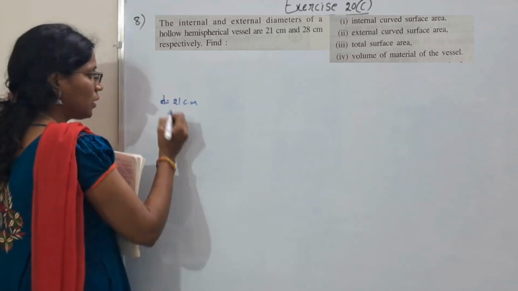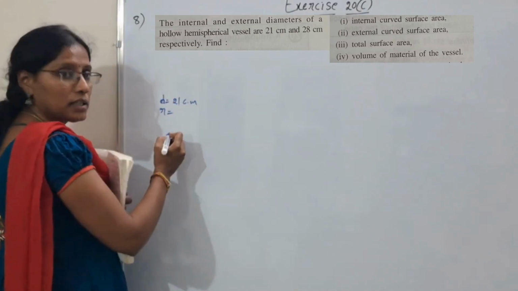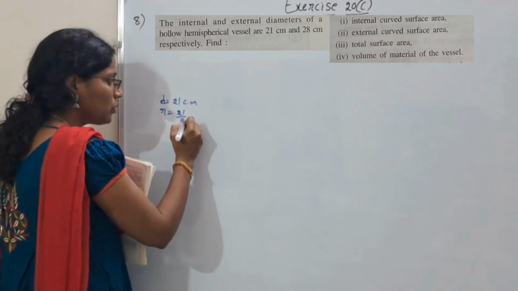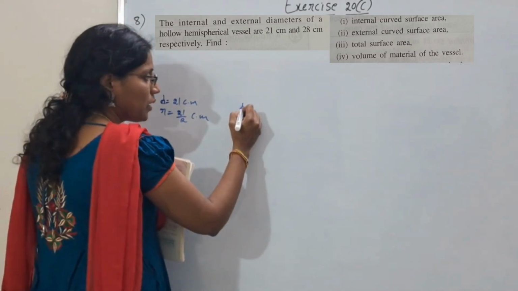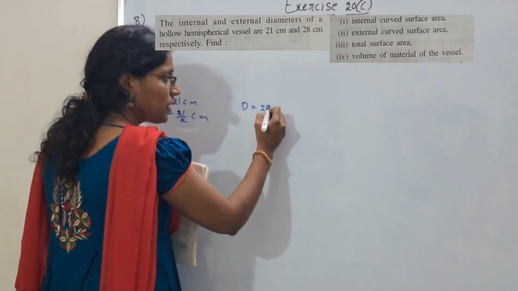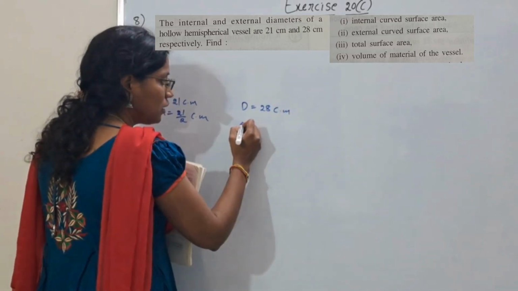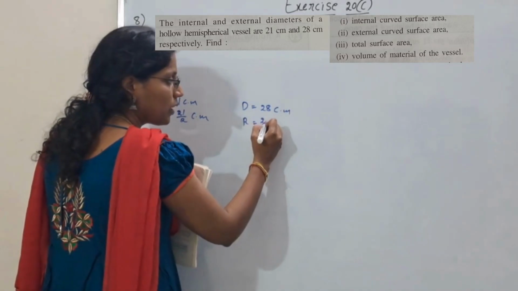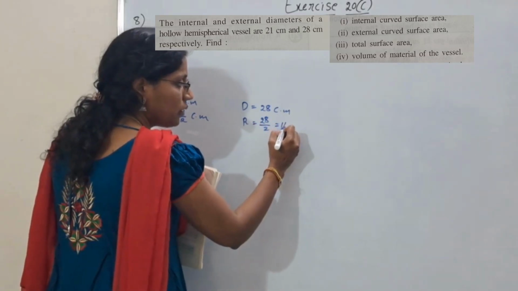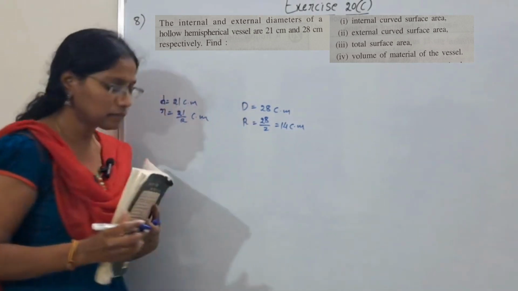Here also small r is equal to 21 by 2 centimeters. Here diameter D is equal to 28 centimeters and capital R is equal to 14 centimeters.